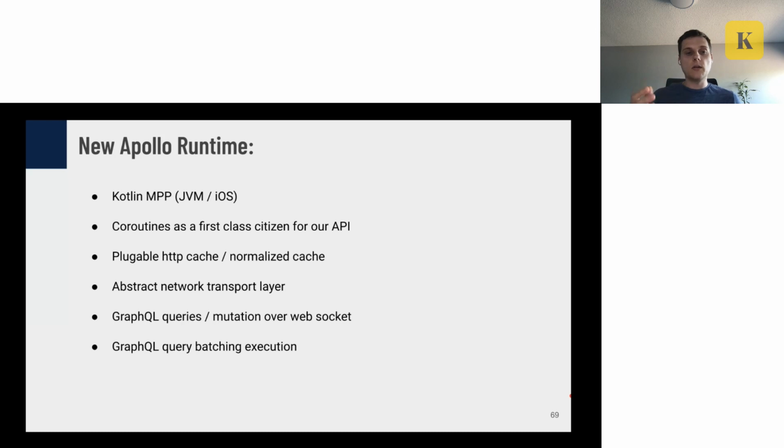We also noticed that with the proper abstraction, we can even add new features. For example, we can serve queries and mutations over WebSocket, whereas with the old one we could only do that with subscriptions. Or we can add a new feature like query batching execution, where we combine the queries into one and send them as one query.